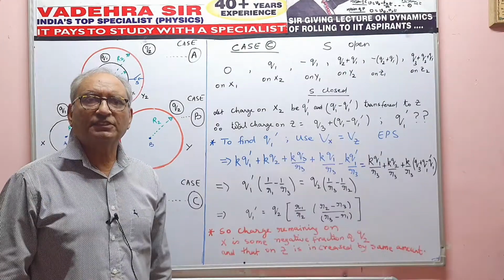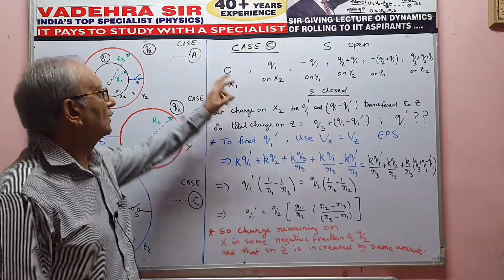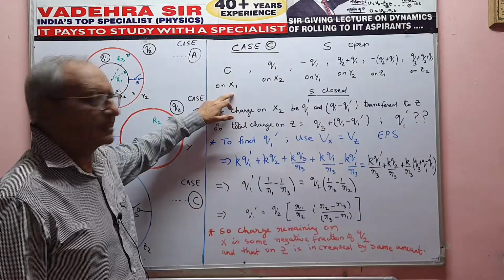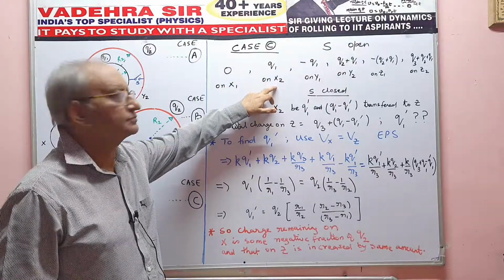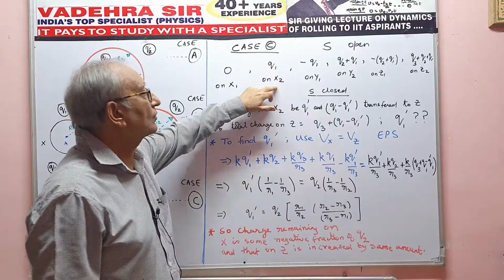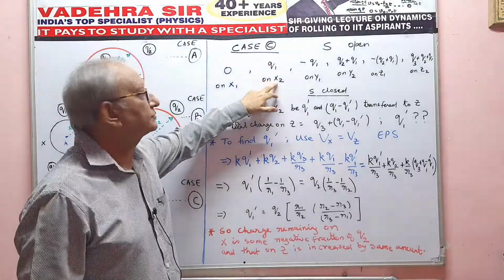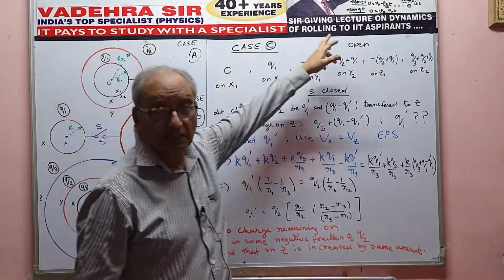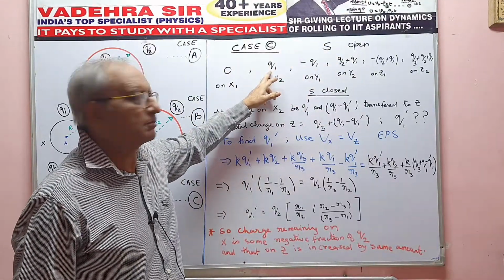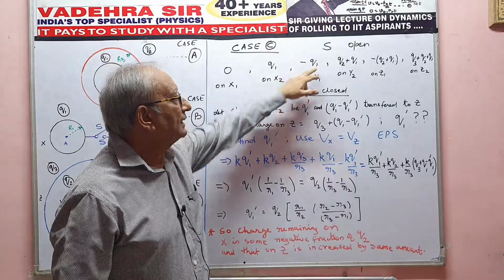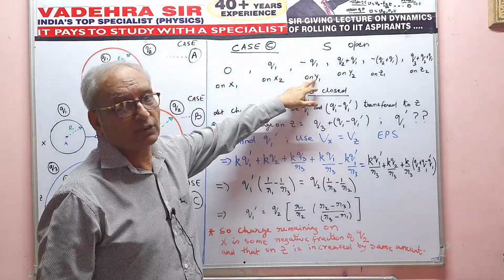Let me show you the charge distribution now. 0 on the face X1, Q1 on X2, charge conservation, floating plate. Right now I am talking when the S is open. So all the three are floating plates. Minus Q1 on the face Y1 according to Gauss's law.